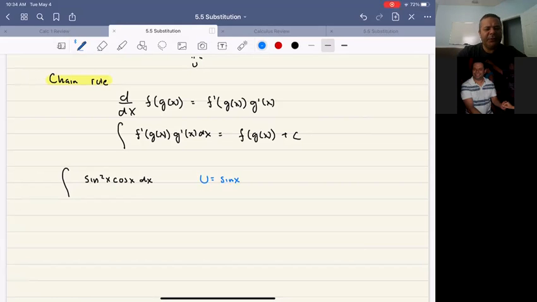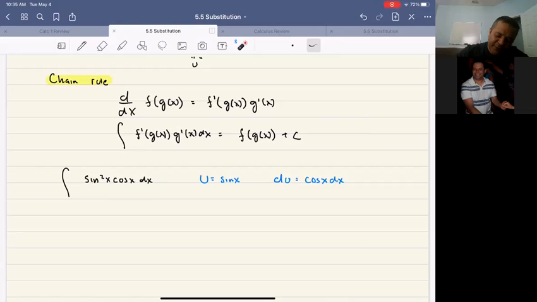I'll make u equals sine of x, du equals cosine x dx. This is just the way that we write it. So what I see is that here I have du.